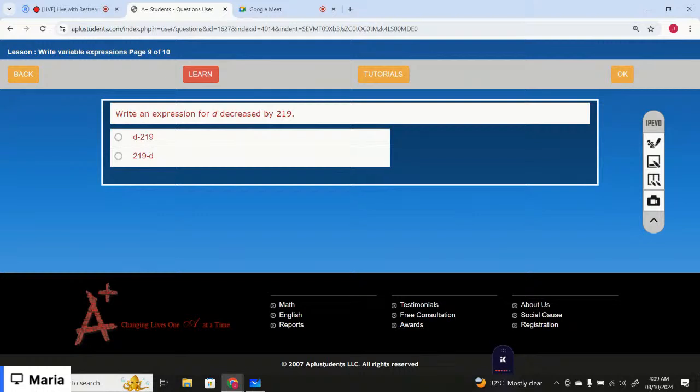That is d decreased by 219. So that means you have to subtract 219 from d. So option number 1 is the correct option, that is d minus 219. Option number 1 is the correct option. Got it?